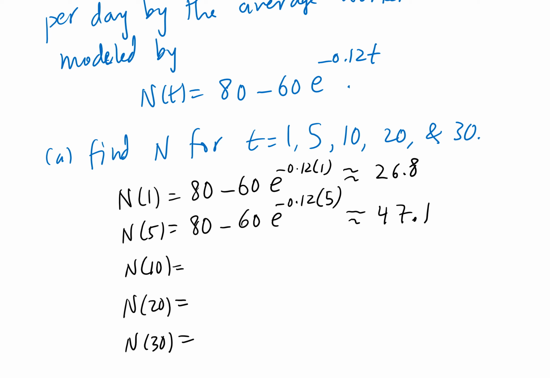For the next one, we do the same. We get 61.9. And the next one, it gave me 74.6. I'm rounding to one decimal place. And the last one gave me 78.4.